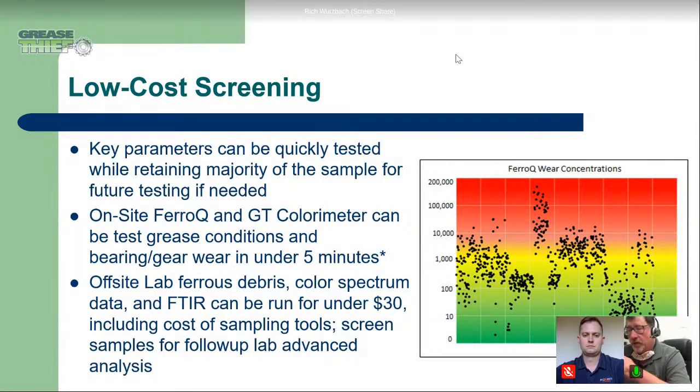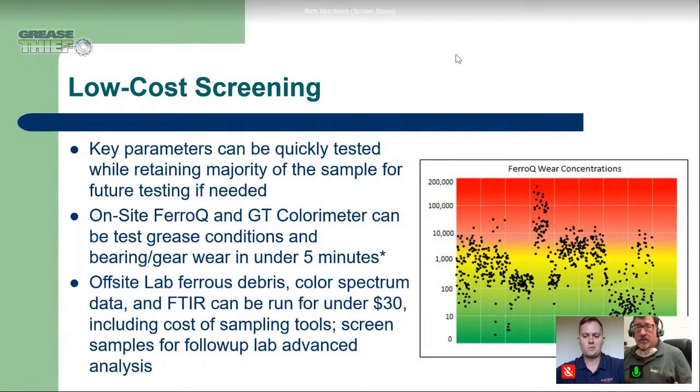So that two-part test between the FerroQ and the Grease Thief Colorimeter can test the grease conditions and the bearing wear in under 5 minutes, and it can be done on site, and that's what we'll share with you here in a minute. Now, sometimes you look at that and say, okay, now I've screened that out.